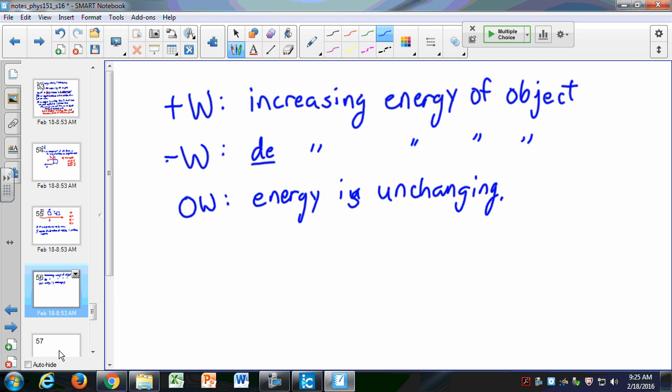So if I have negative work, that means that I take away energy from the object. If I do positive work, that means I give energy to the object. And if I do zero work, that means that I will not change the energy of the object at all.